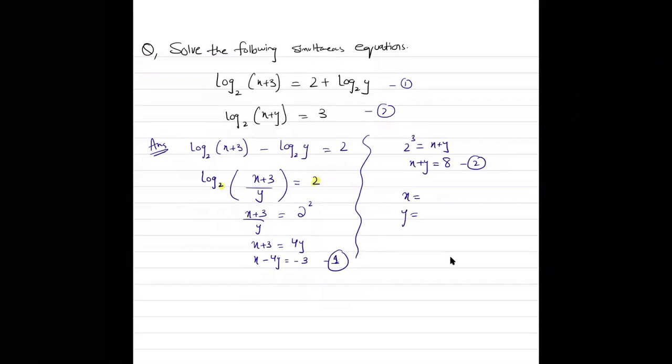Were you getting the same equations? Getting slightly different. For x I'm getting 29 over 5, and for y I'm getting 11 over 5.